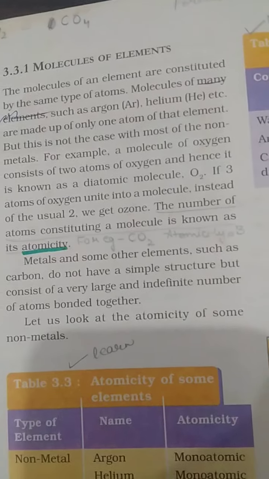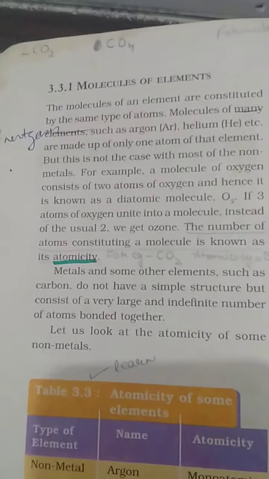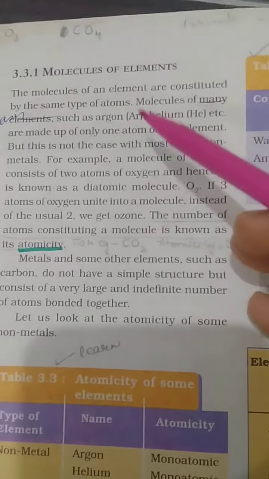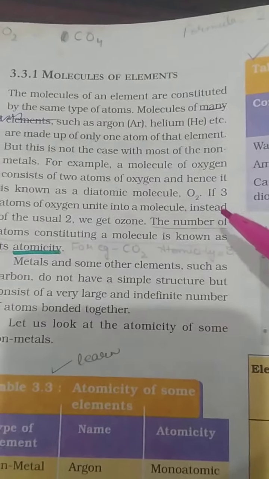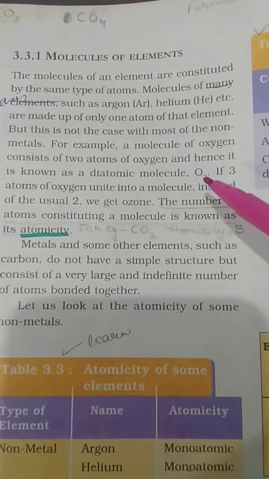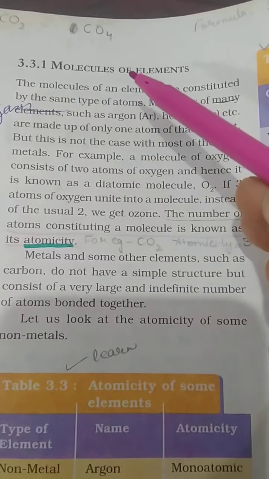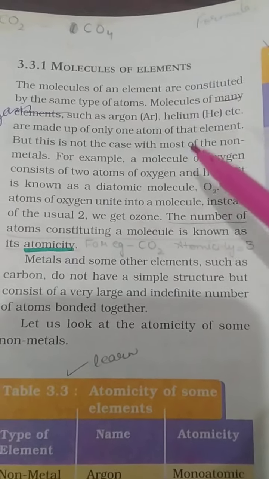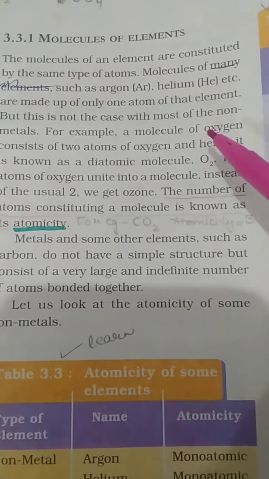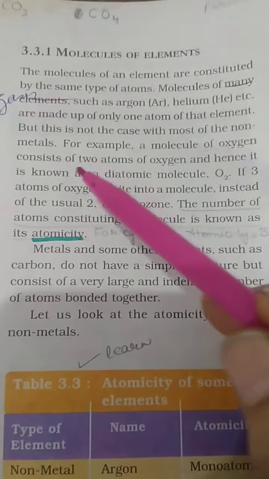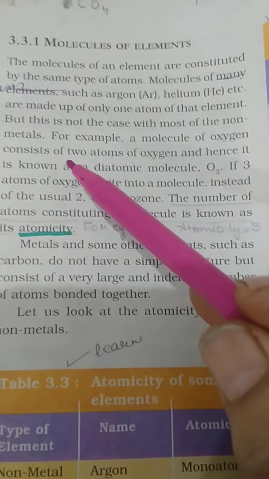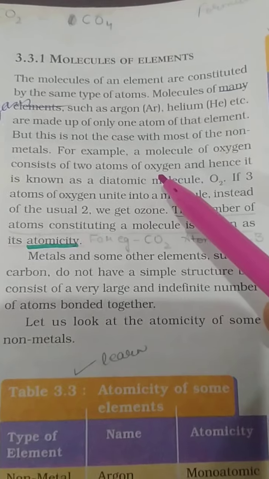So students, now page number 36, right? I hope you have understood molecule of elements, same element or different element, right? For the molecule of an element, they have given the example of oxygen. A molecule of oxygen always consists of 2 atoms of oxygen.